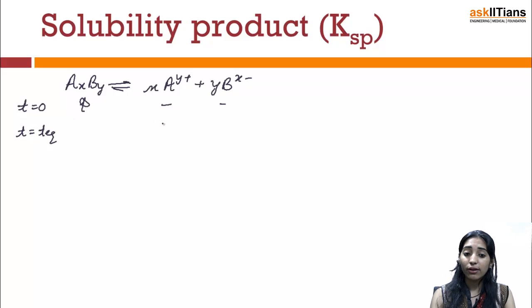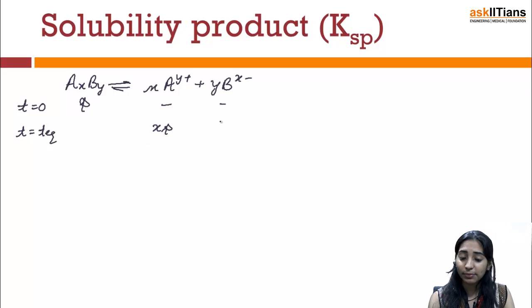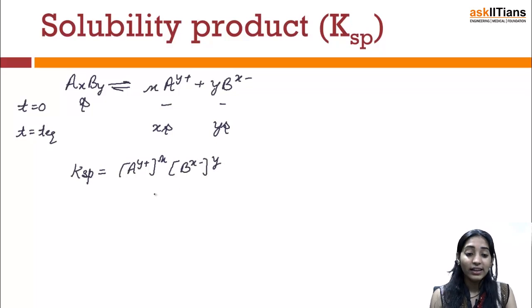the number of moles of Ay+ will be x times S, and similarly the number of moles of Bx- will be y times S. So I can say that the solubility product Ksp will be defined as the concentration of Ay+ raised to the power x multiplied by the concentration of Bx- raised to the power y. So this will be (xS)^x multiplied by (yS)^y.